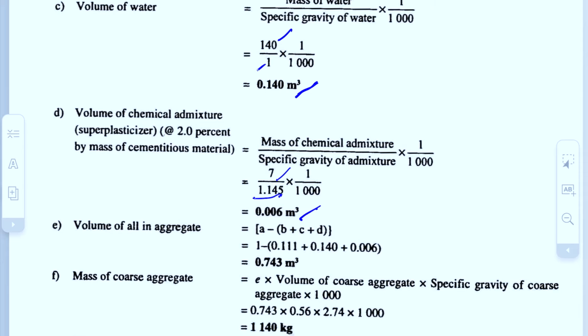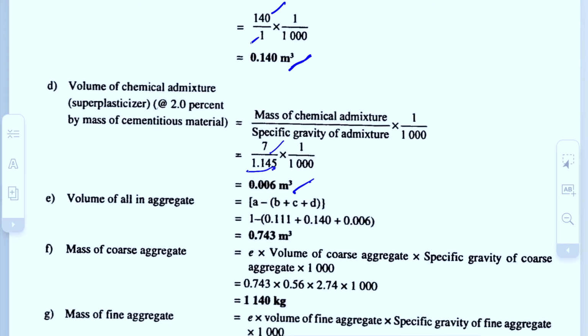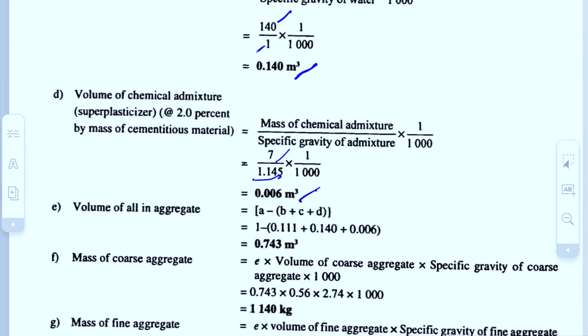Then the volume of aggregate, volume of all-in aggregate. Let me explain how to calculate this volume of aggregate. Volume of concrete is equal to 1.